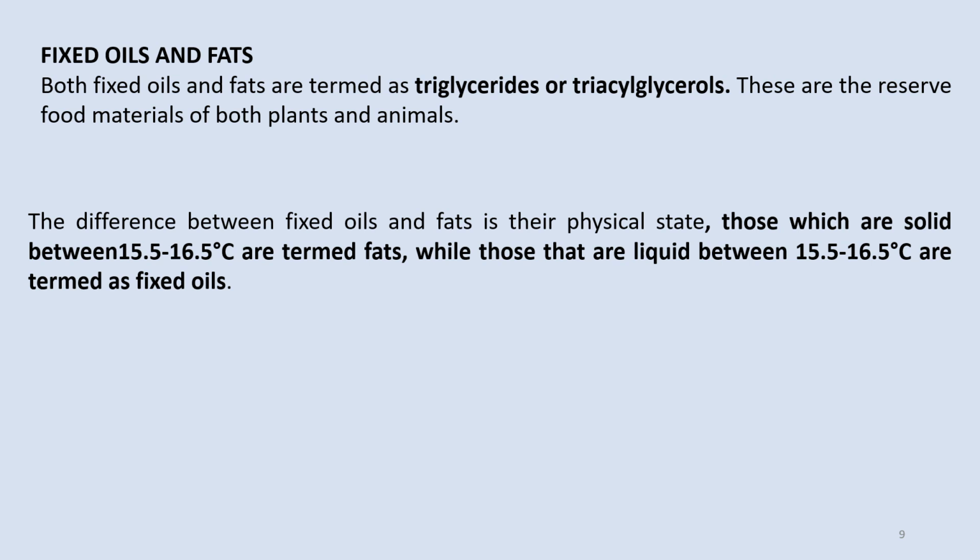This the student should know. Those which are solid between 15.5 to 16.5 degrees centigrade are termed as fat, while those which are liquid between 15.5 to 16.5 degrees centigrade are termed as fixed oil.